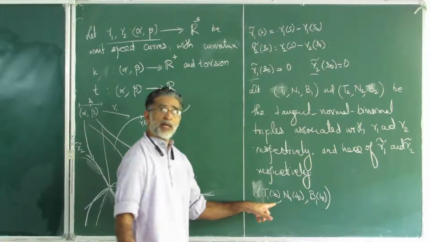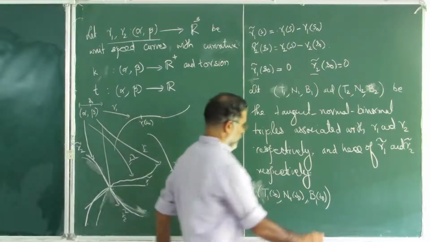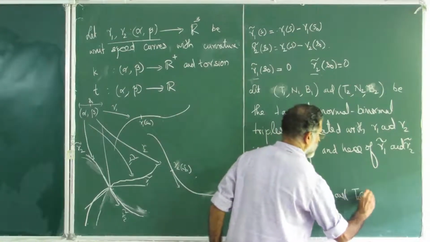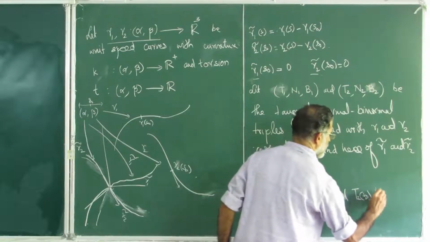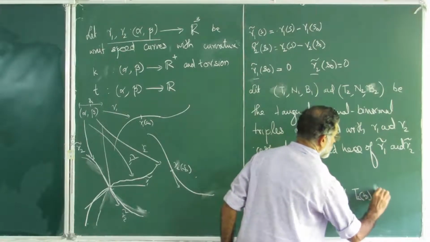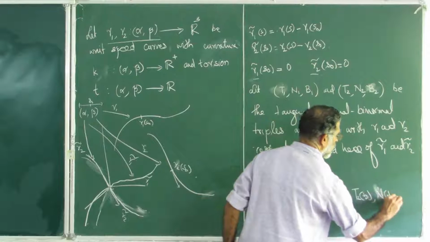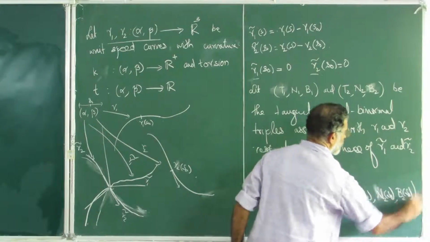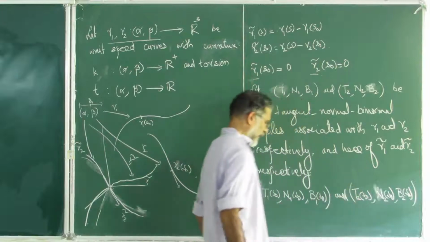This is a right-handed orthonormal system. And T2 S0, N2 S0, B2 S0 are also right-handed systems.